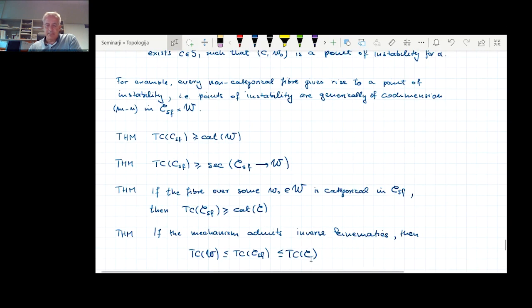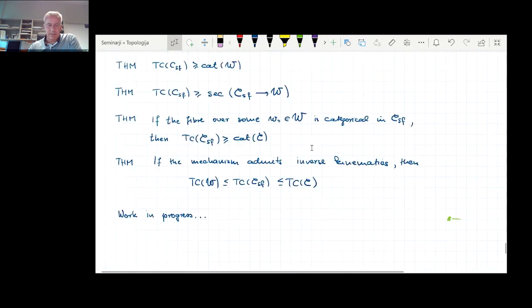So SF is missing. Okay, so these are just some sample theorems. I have other results, but they are more technical. And anyway, this is still some work in progress. Fine. So I think I'm just in time.